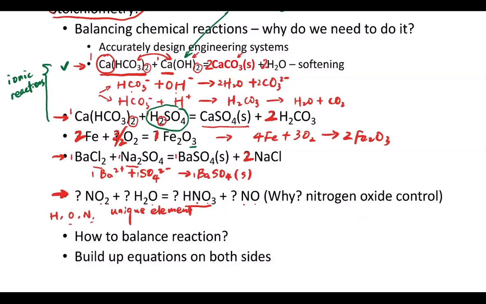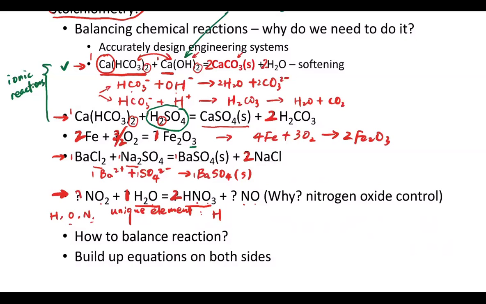So the unique element in this reaction is hydrogen, okay? The hydrogen just shows up in the water on the left-hand side, and then in the nitric acid on the right-hand side. So now let's assume that the number in front of the water is 1, and because it just shows up once, the number in front of the nitric acid is 2, okay?